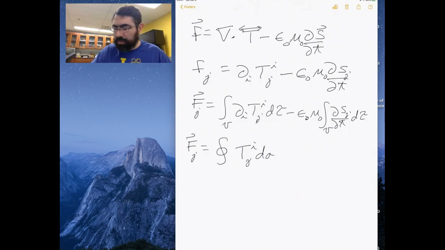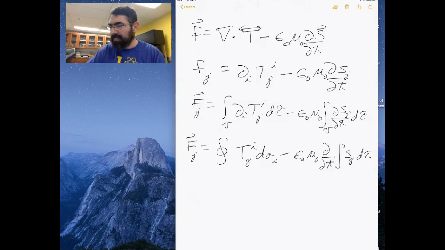And this would be an area vector. So remember, I got to put in the index. Minus, if I can take the time derivative outside the integral, epsilon naught mu naught the time derivative of the integral of the Poynting vector over the volume.